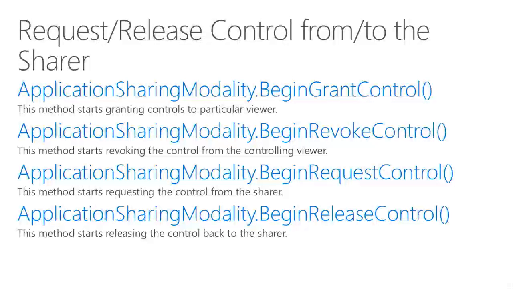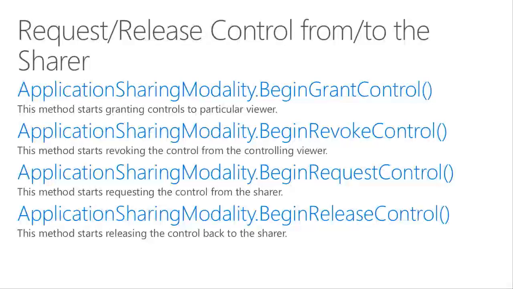Okay, so if you're a viewer and you want to request the control, you can say begin request control. Then the sharer can say, okay, I can accept your control, or I can deny your control. I think I missed that in the slide, but you can say begin accept control, begin deny control.